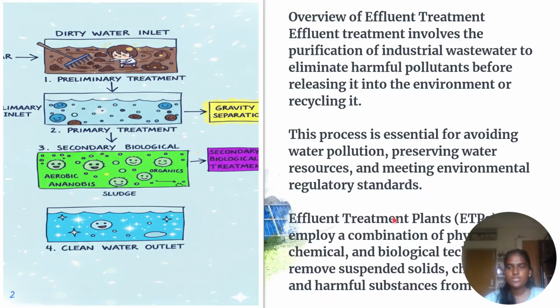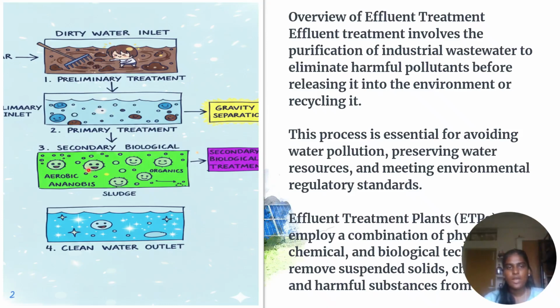The effluent treatment plant employs a combination of physical, chemical, and biological techniques, which helps to remove the suspended solids, chemicals, and harmful substances present in the industrial wastewater. In the primary and preliminary treatment, we use physical force to remove the large particles present in it.